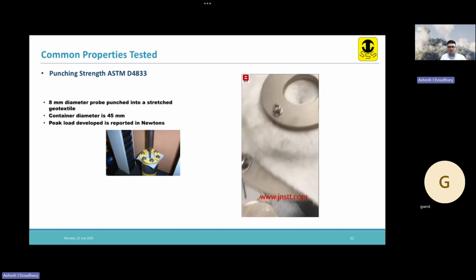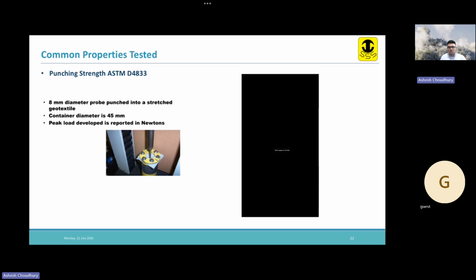Okay, and you can see that there is a punched part in that geotextile, and we measure the peak load that was recorded during this experiment. Okay.